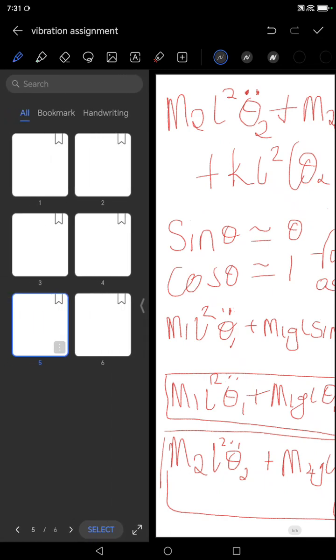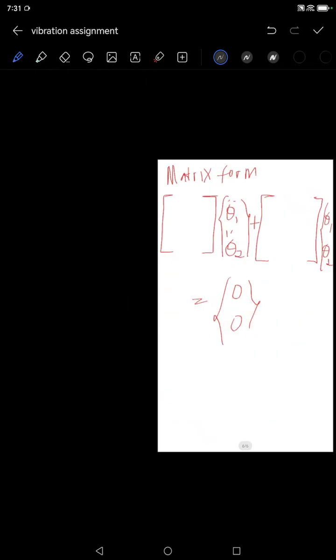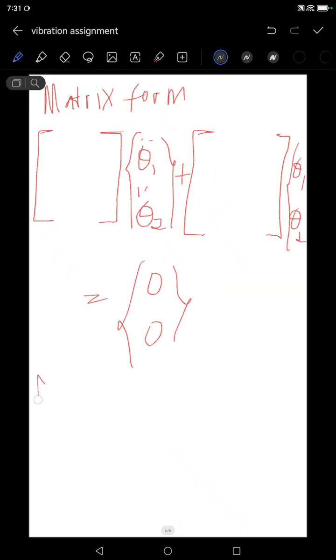Let me just rewrite the equation of motion this side. We have m1 L squared theta 1 dot dot plus m1 GL theta 1. This is going to be negative KL squared theta 2. Here I'm just simplifying. Plus KL squared theta 1, equals to 0.